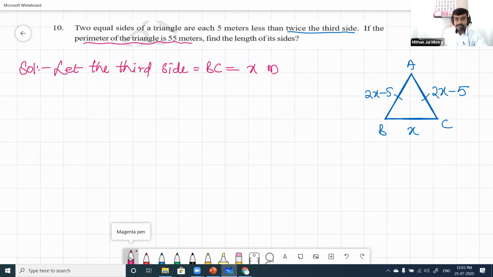Then here I will write equal sides. What are the equal sides, Nana? You can see in the figure. Equal sides are AB and AC. They are equal, and we got that as 2x minus 5.